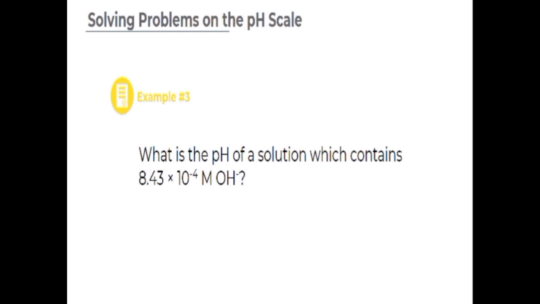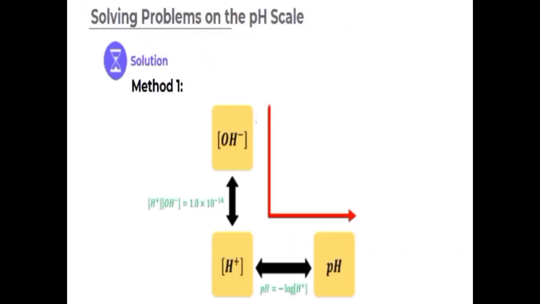Example 3. What is the pH of a solution which contains 8.43 times 10 raised to negative 4 molar hydroxide ion? We have two ways of solving the problem. The first method involves converting hydroxide ion concentration to hydrogen ion concentration, then converting the hydrogen ion to pH.